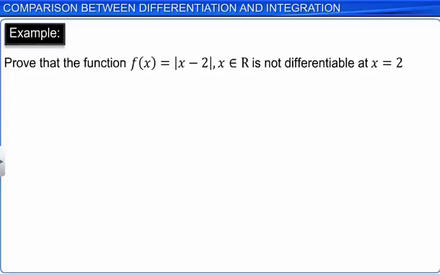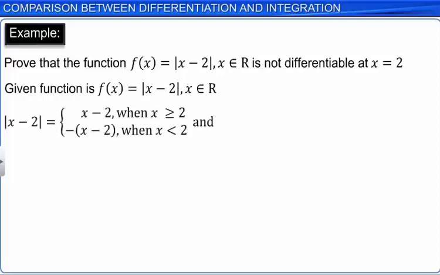We know that modulus of (x minus 2) is equal to x minus 2 when x is greater than or equal to 2, and is equal to minus of (x minus 2) when x is less than 2. Now, let's see whether the function is differentiable at x is equal to 2.